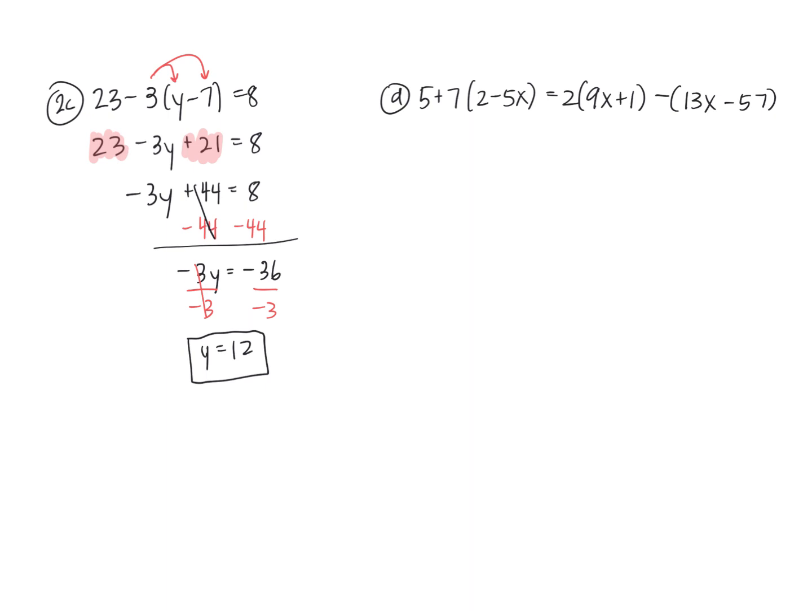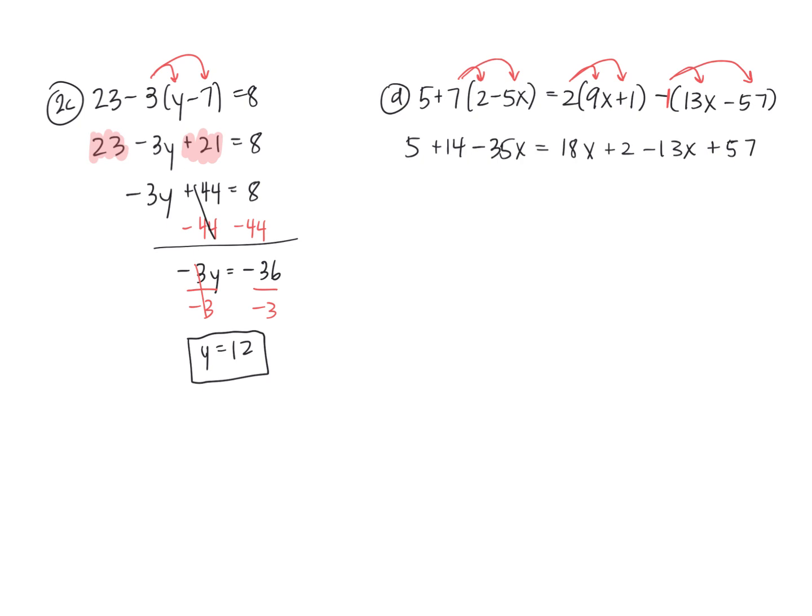So again, we'll start by distributing. And if it helps you for this last one, this is like distributing a negative 1, so you could write the 1 there. So we'll get 5 plus 14 minus 35x is equal to 18x plus 2 minus 13x plus 57.